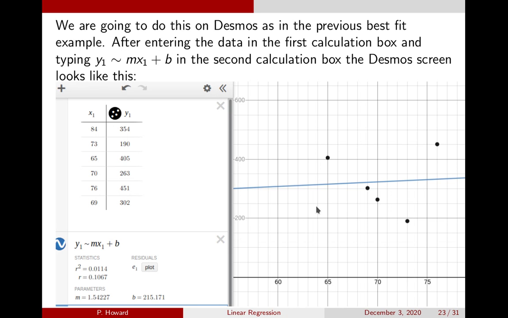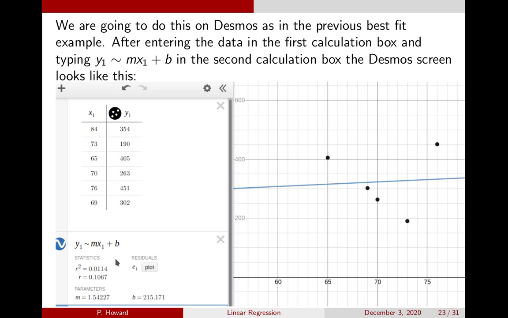Let's see, just taking a quick look at the graph here. The graph of the linear function with this slope and this y-intercept is the blue line. The points that you see are the data points on the graph, and it doesn't look like the best linear fit is too good a fit for the data.